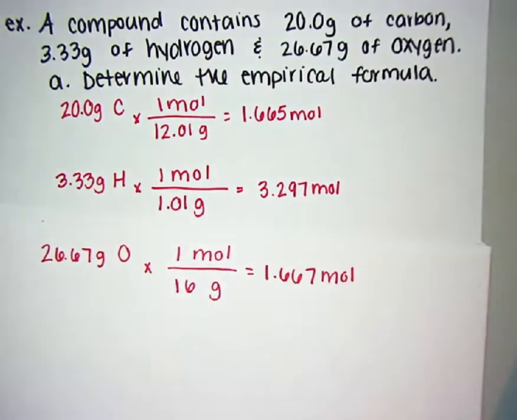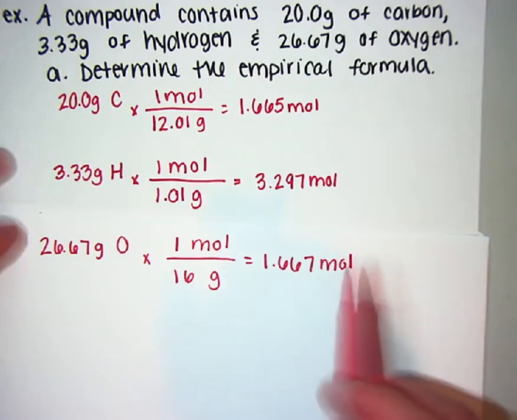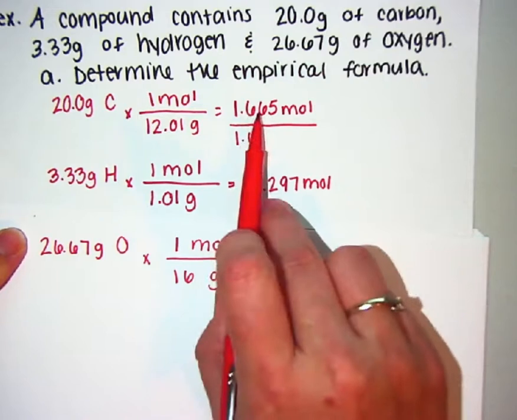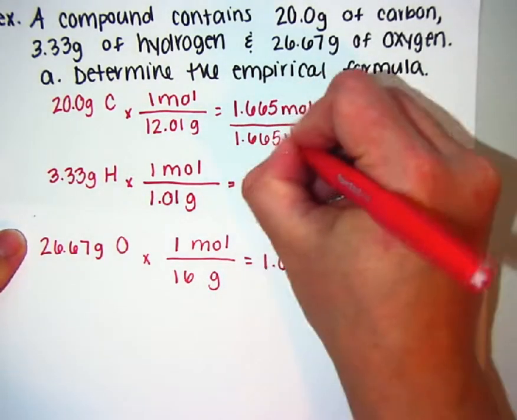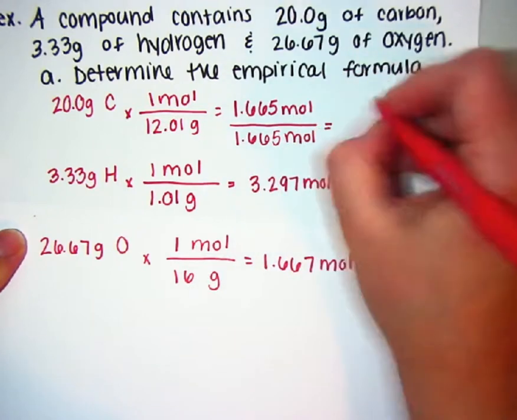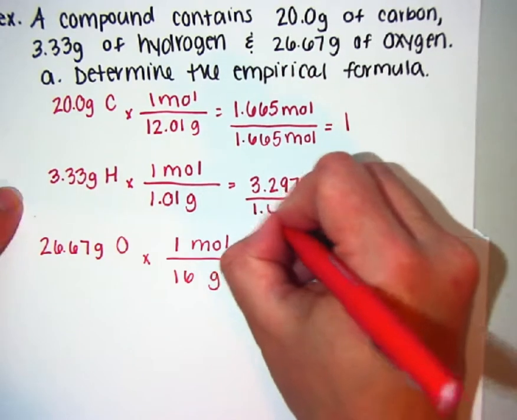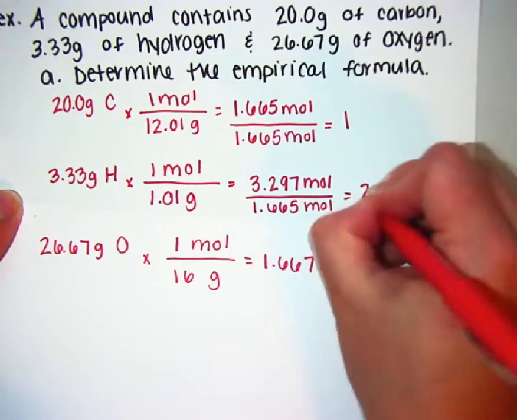Okay, so we want to figure out the empirical formula. So we have kind of our ratio of carbon to hydrogen to oxygen. But again, the easiest way to figure out our formula is to divide by the smallest number of moles. So 1.665 is the smallest of the three. This one will give me about 2.